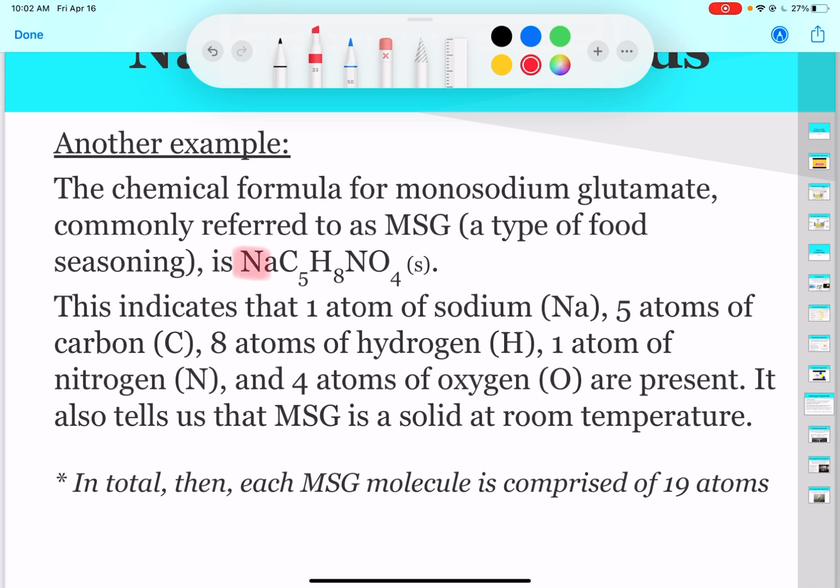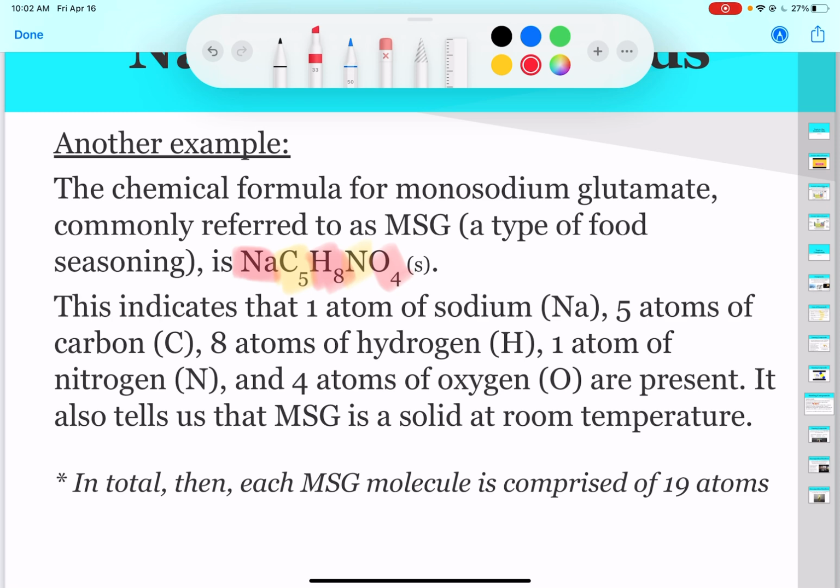So 1 sodium, because there's no number below it, 5 of carbon, 8 hydrogens, 1 nitrogen, because no number, and 4 oxygens make up what we know as MSG.